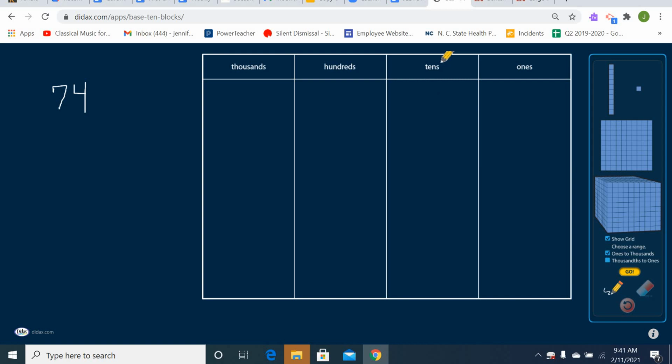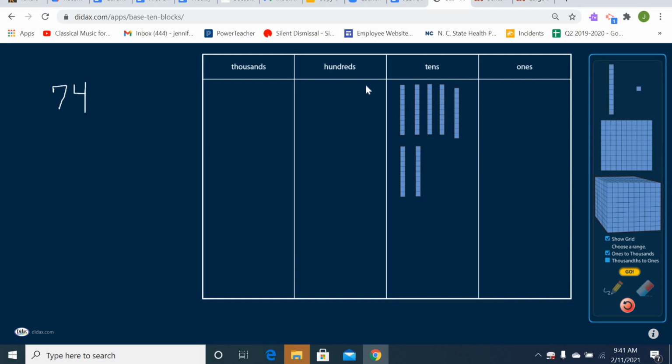Okay, in my tens place, I need to have 7 groups of 10. 1, 2, 3, 4, 5, 6, and 7.